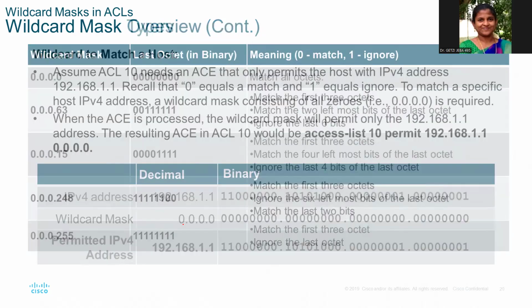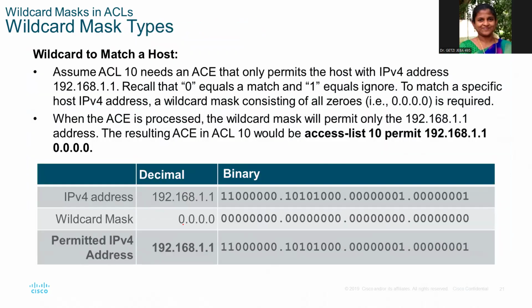We'll see with some examples. Let us take, for example, the IPv4 address 192.168.1.1 and the wildcard mask 0.0.0.0.